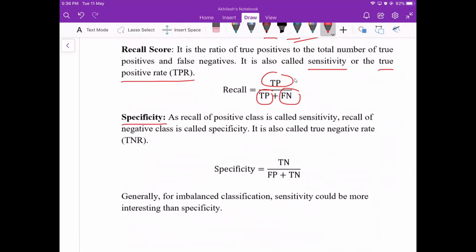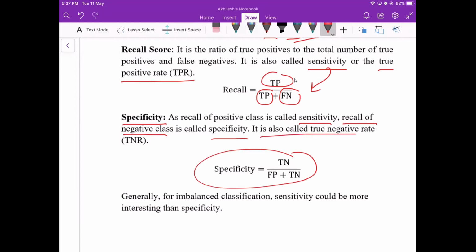The recall of the positive class is called the sensitivity, and the recall of the negative class is called the specificity. This is also called the true negative rate. This is very important: true positive rate and true negative rate are very important.